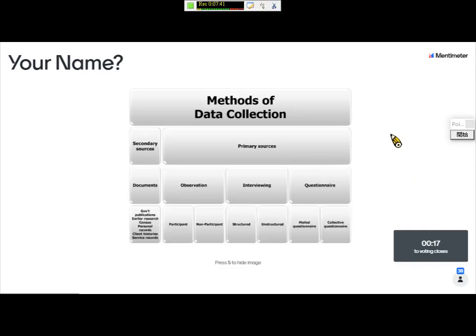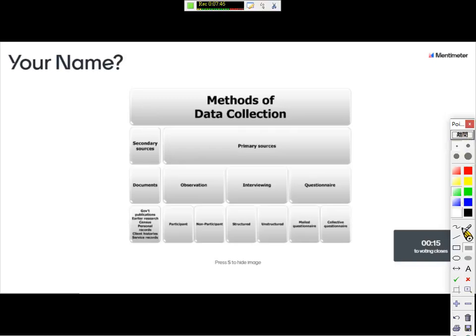Okay, so here we have different types of data collection, and we have said that we have two kinds of data, right? One is secondary data, the other one is primary data. They come from the primary sources, and the meaning for secondary data, there is a general term. We call them documents.